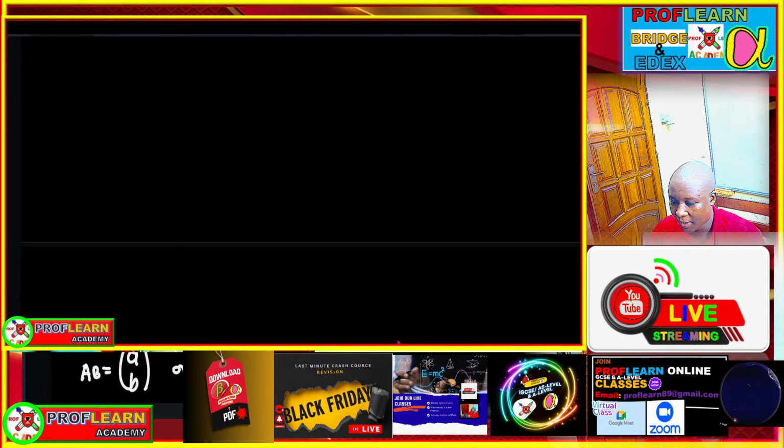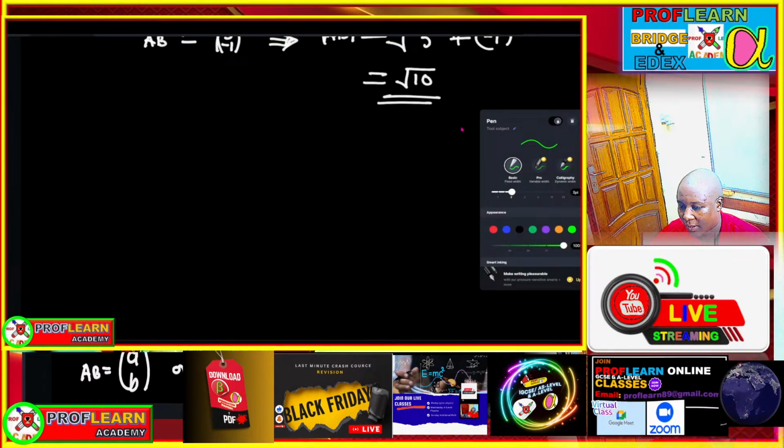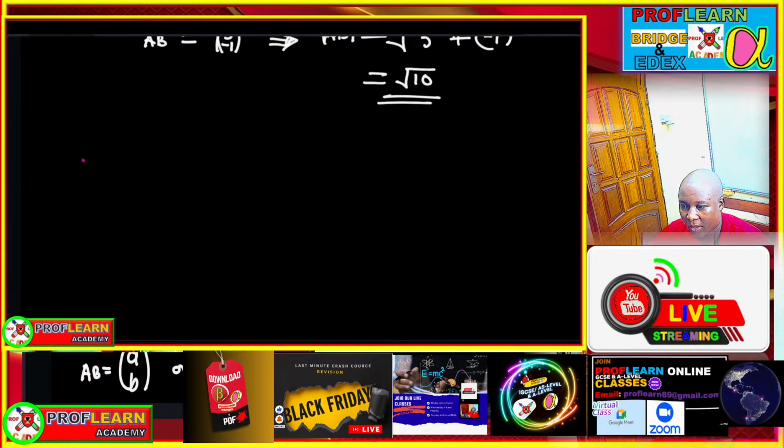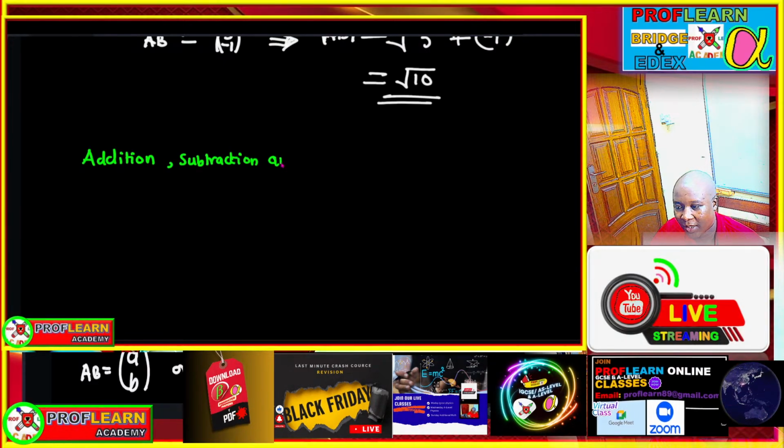All right, so the next part we have to look at is the part whereby you are supposed to add and subtract as well as multiply vectors. You can be given scalar multiplication and subtraction of vectors, which are given in column form.